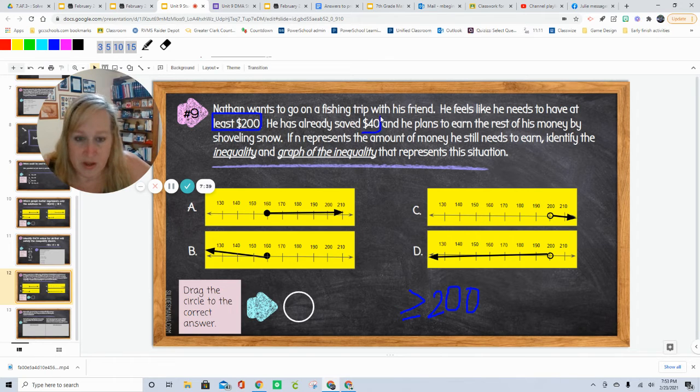But he has $40. So he's got 40 of that 200. But he needs more. That's how much he needs more. Okay? So we're going to subtract the 40 from both sides. And we're going to end up with N is greater than or equal to 160.